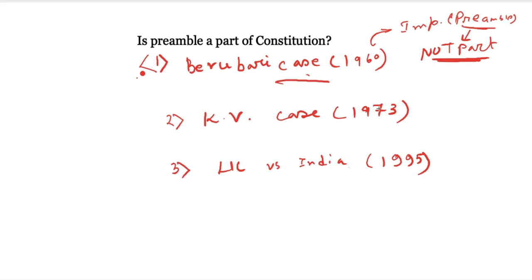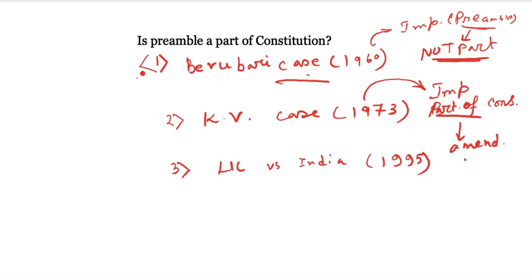Then in the Keshavananda Bharati case, the Supreme Court reversed its opinion. It said yes, it is very important, and it is a part of the Constitution. So it can be amended, but only when certain basic principles are maintained.